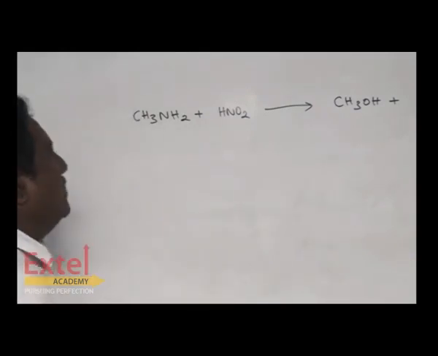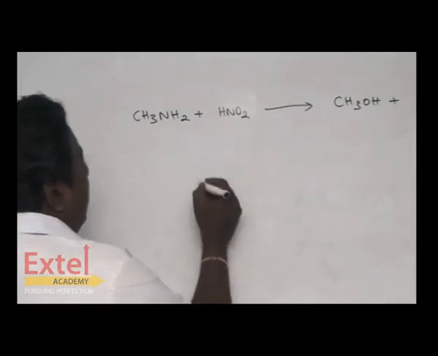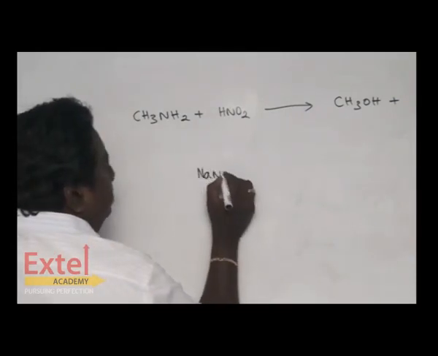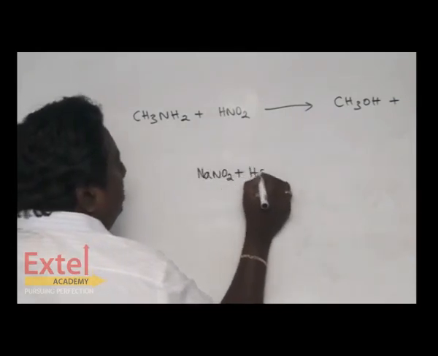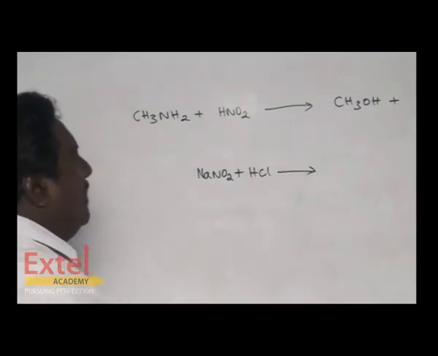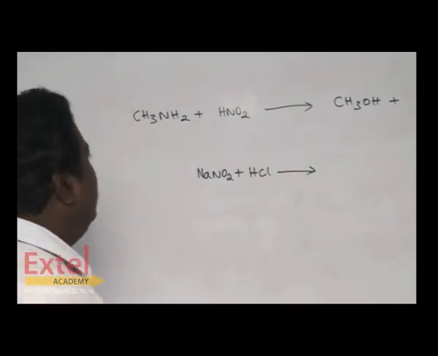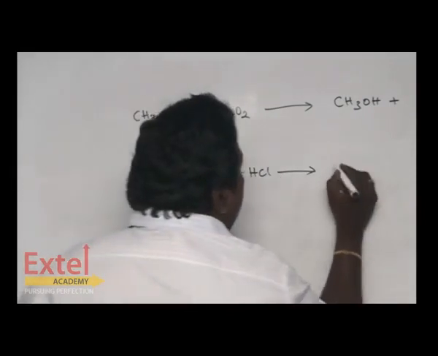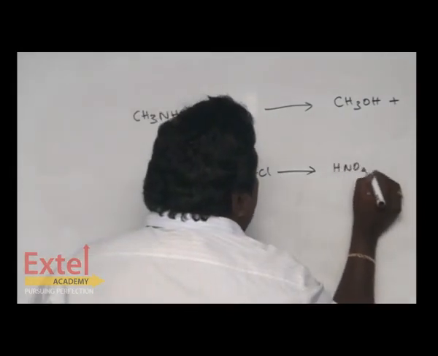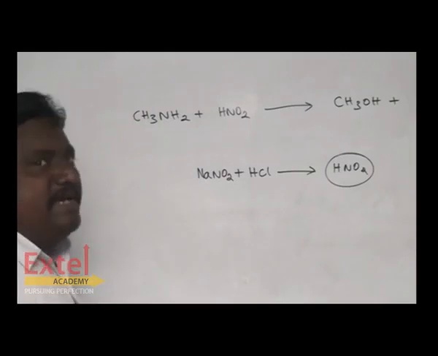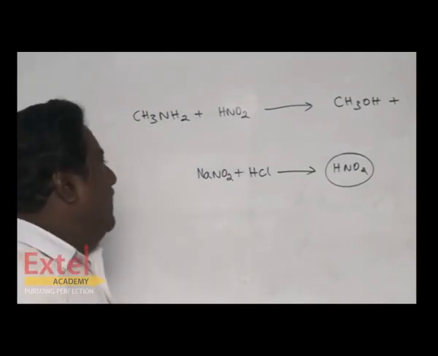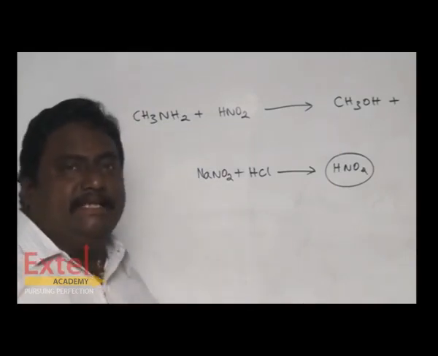Instead of adding HNO2, they are adding NaNO2 and HCl. When NaNO2 and HCl have been added, H combined with NO2 to form HNO2. So instead of adding HNO2, they are adding sodium nitrite and HCl.